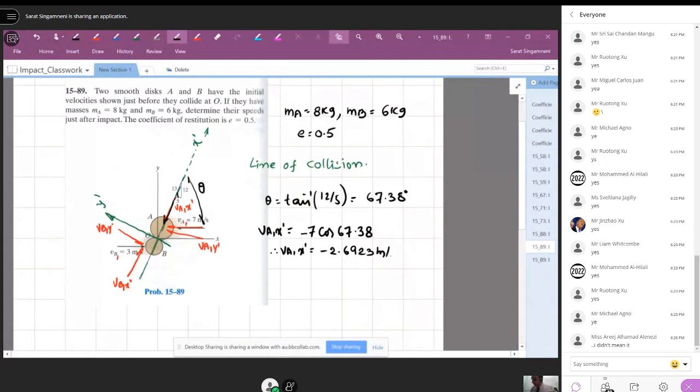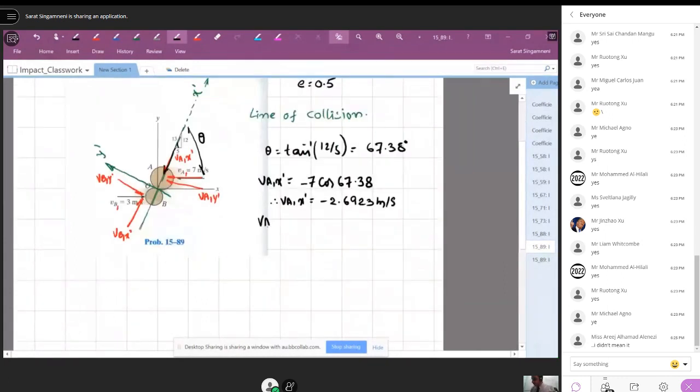Similarly, VA1 y dash will be, it is acting towards the positive y dash, so plus 7 times sine 67.38.